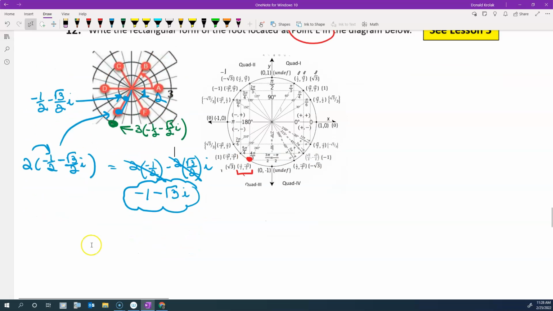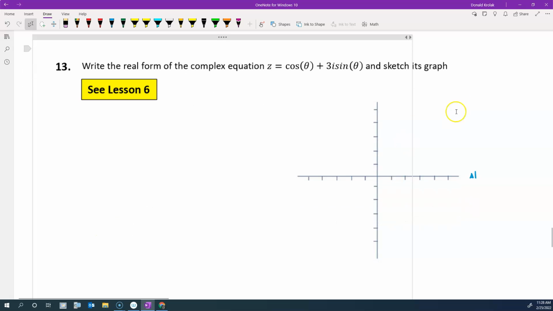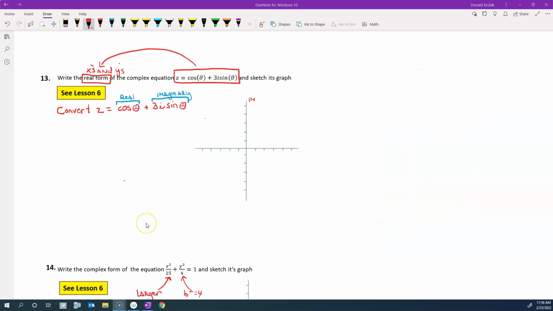All right, and the last two from lesson 6. What I have to do is convert to get the real form of this equation. I've got to convert cosines and sines into x's and y's.